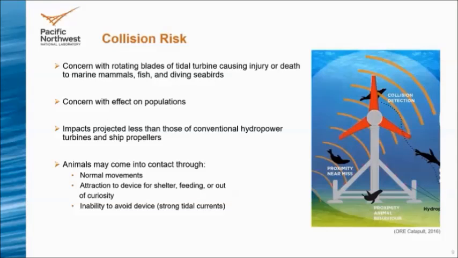For collision risk, we don't have analogs from other industries because though conventional hydropower or ship propellers might look similar, they're actually quite different. Hydropower turbines are much faster, and when you look at a dam, there's really only space through that turbine for fish or whatnot to get through in a small space, whereas a tidal turbine might be situated in a channel where there's space to go around the turbine.